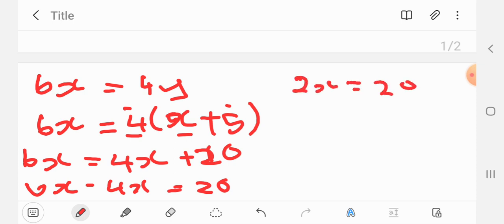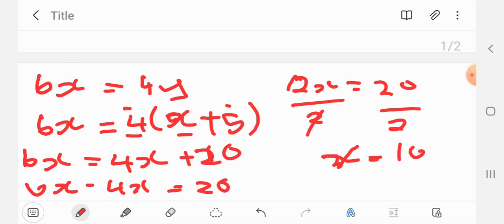We'll divide by 2 to cancel that, and then x equals 10. Okay, so we need to find y. We can use this and then substitute. We'll say 6 times 10, substitute x as 10, is equal to 4y.